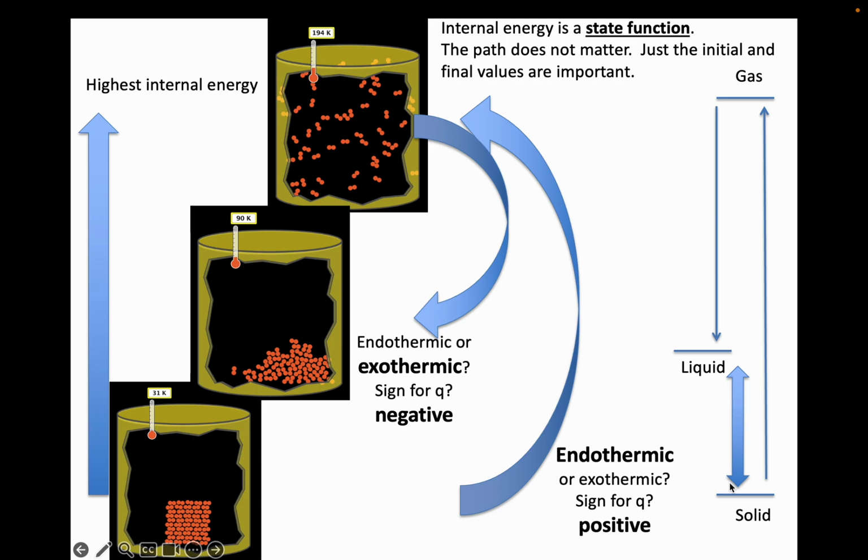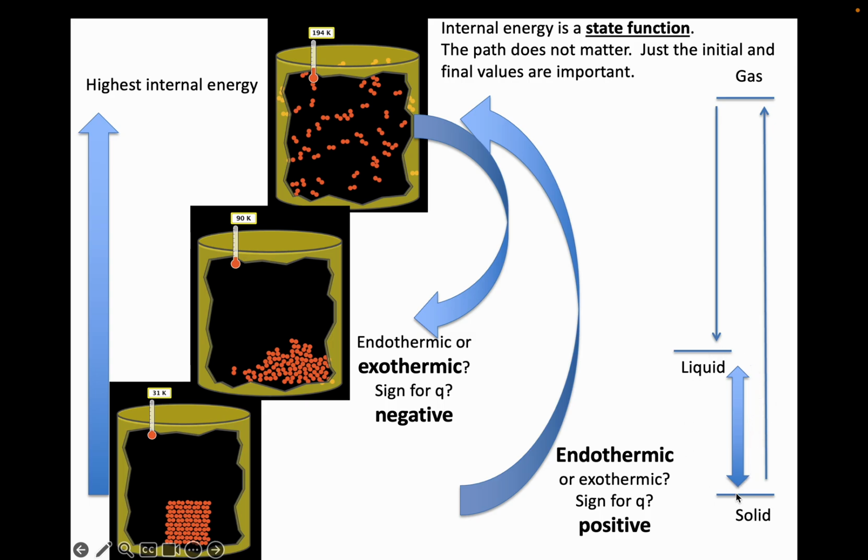I can do that because internal energy is what's called a state function. Important term for us. For a state function, the pathway does not matter. All we are interested in are the initial values and the final values. So if I knew the initial value here for the solid going to the gas, and then I saw during my process coming back, I could get then the missing step, okay?